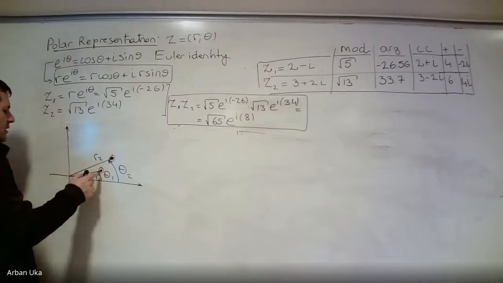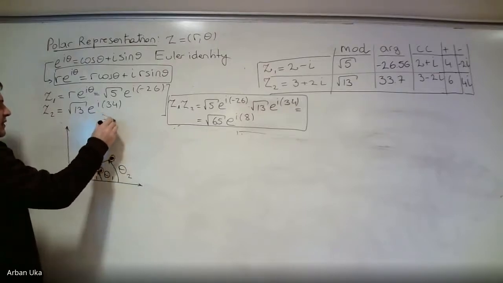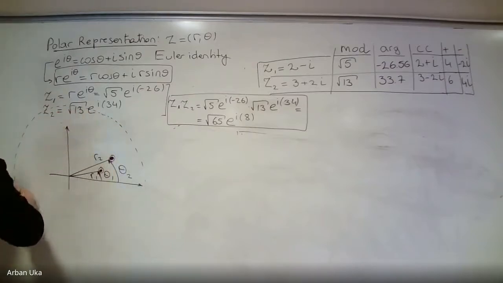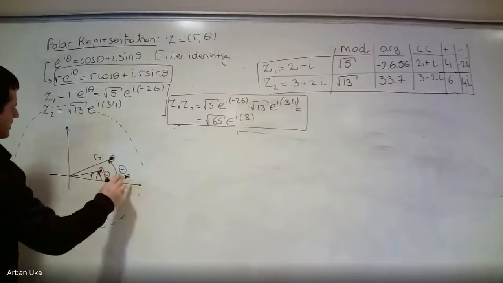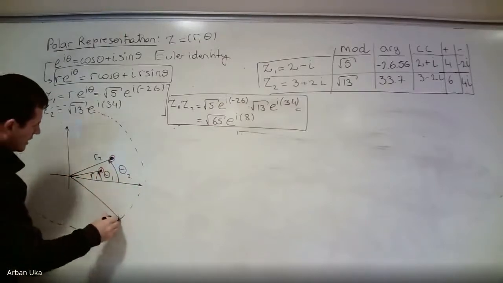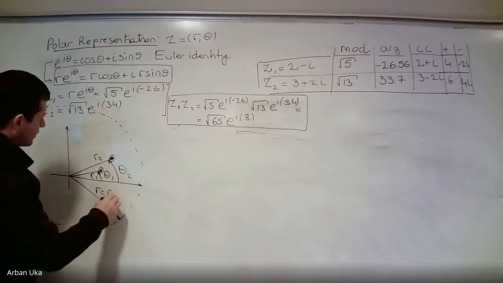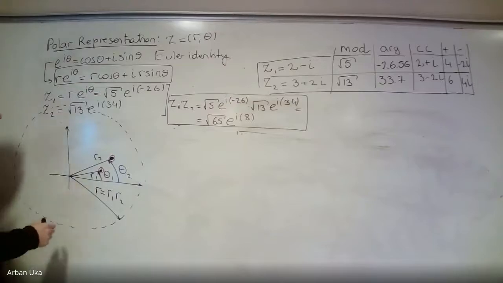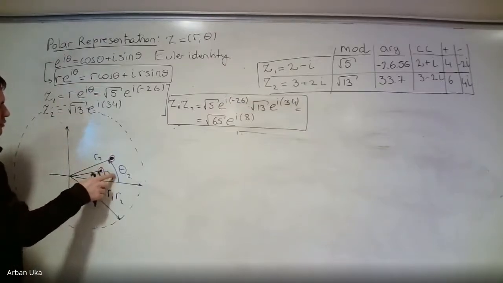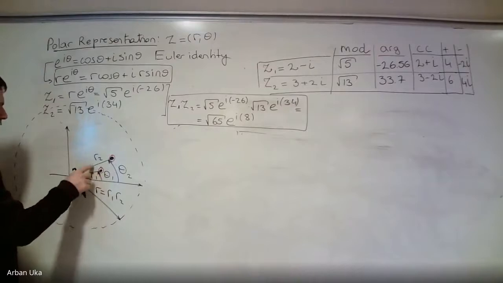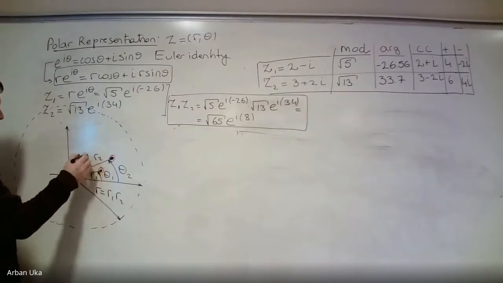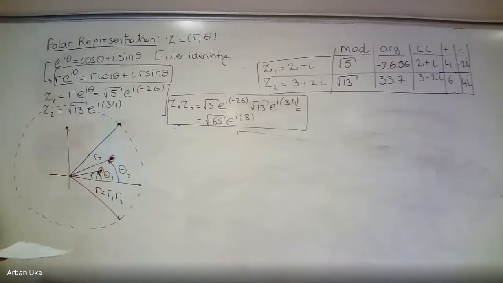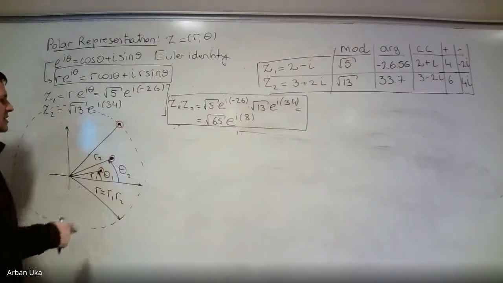So we are going to find a number somewhere here. We need to draw a circle which has a radius r, where r is equal to r1 times r2. But where on this circle is this number going to be? The angle should be theta 1 plus theta 2. So on top of this theta 2, we can add another theta 1, and we get something like this. So this is how we represent the multiplication of complex numbers.